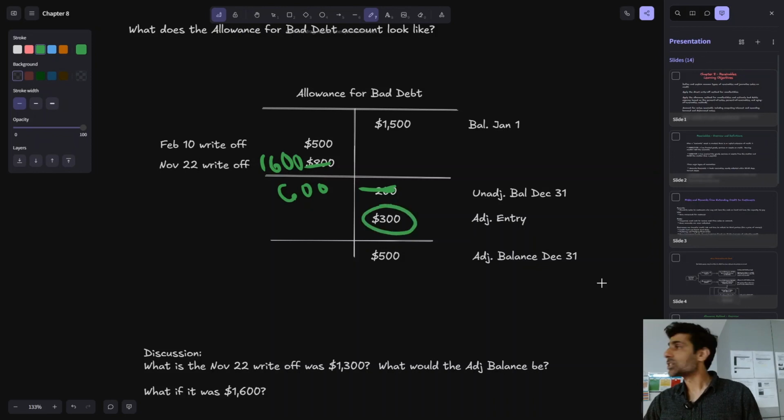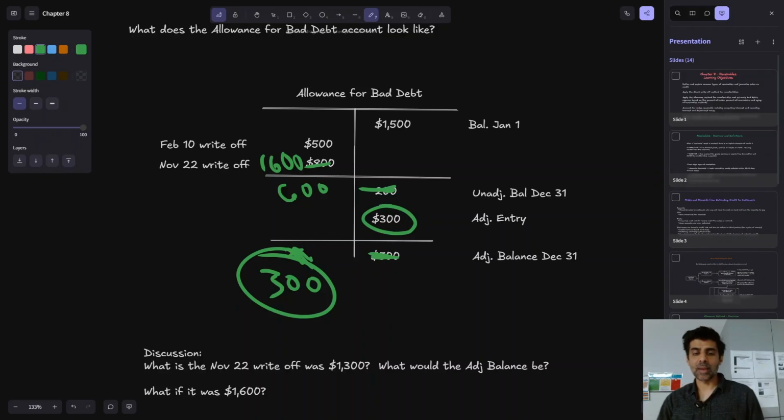This adjusting entry is unchanged, and so we're going to end up with an invalid allowance for bad debt. We would have a $300 credit balance, or sorry, debit balance. So this would be wrong. We'd have to do some large adjusting entry here. We could not just leave this. We'd have to fix this.